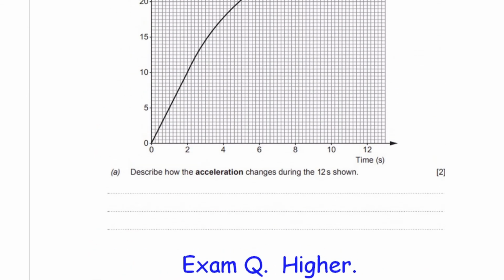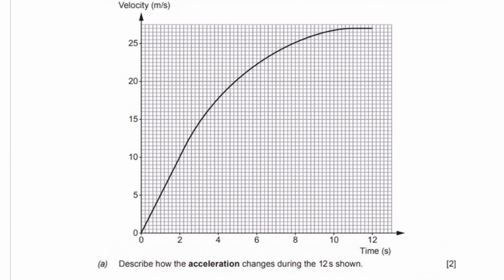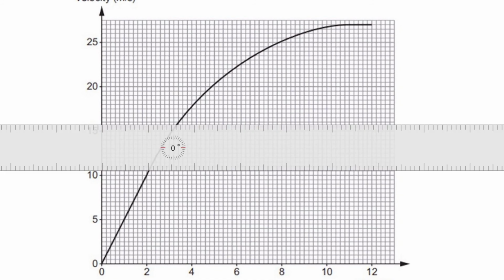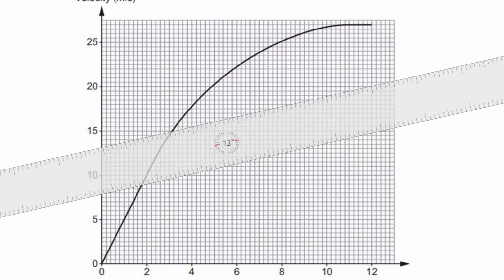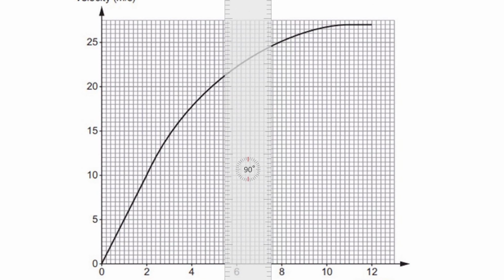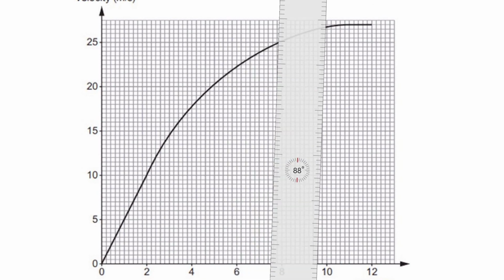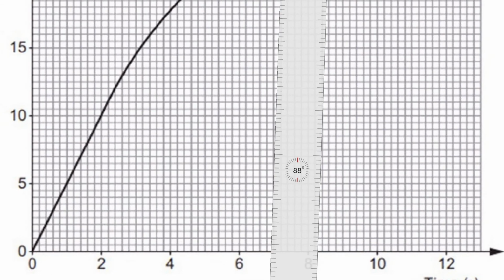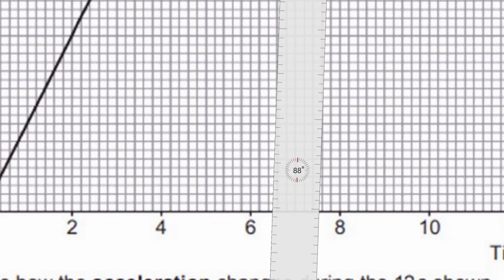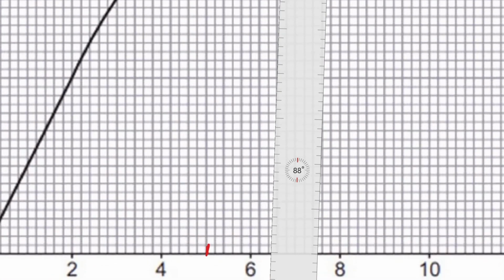So if you look at 5 seconds here on the graph and you get the ruler, I'll just put a point on the graph where we've got 5 seconds. I think I'll have to zoom in a little just to work out the correct scale for 5 seconds. 2, 3, 4, 5. There's your 5.